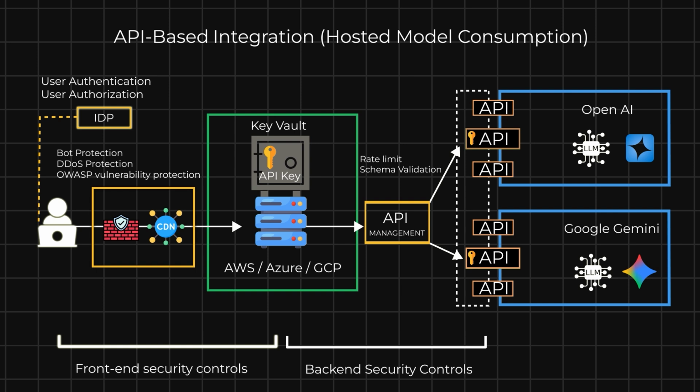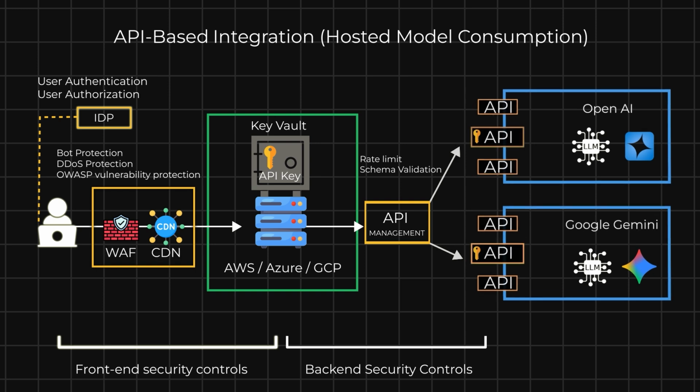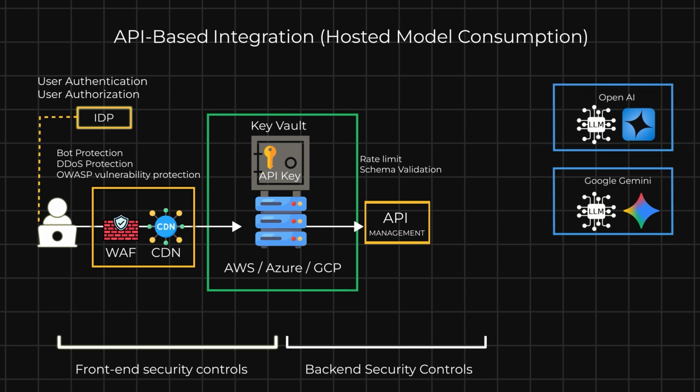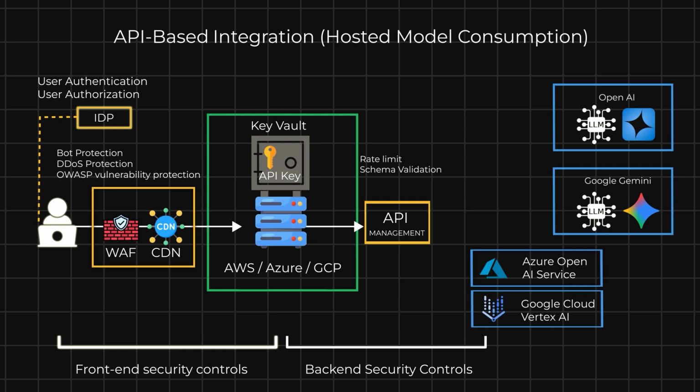Now, these AI models could also be integrated through cloud providers such as Azure or GCP. For example, OpenAI models are delivered on Azure via Azure OpenAI Service, while Google Gemini models are delivered through Google Cloud Vertex AI.